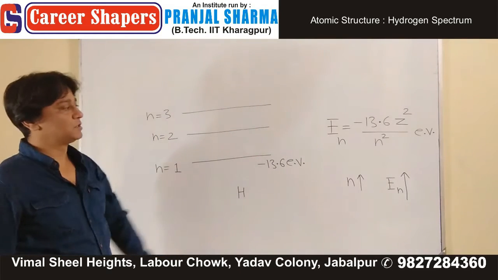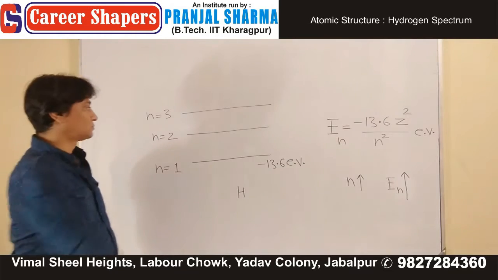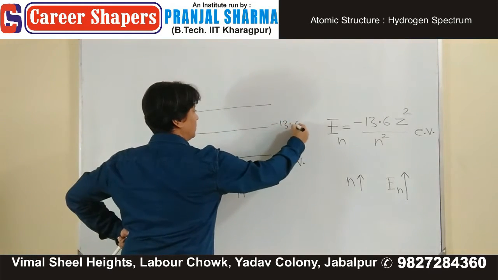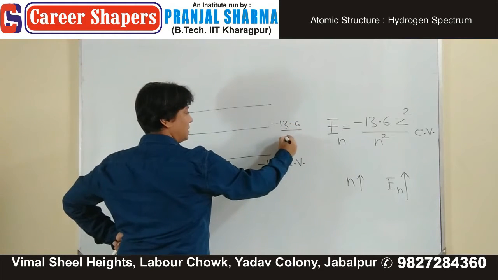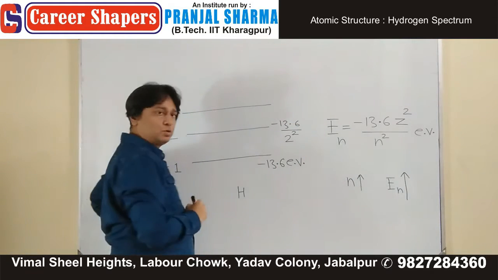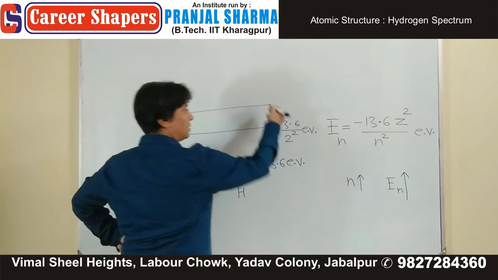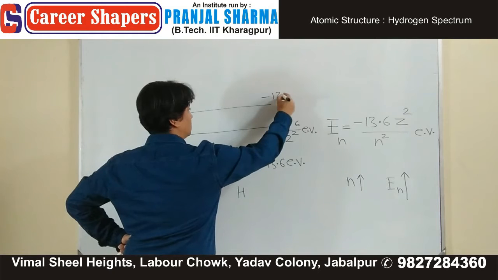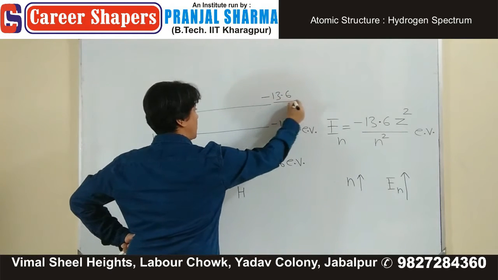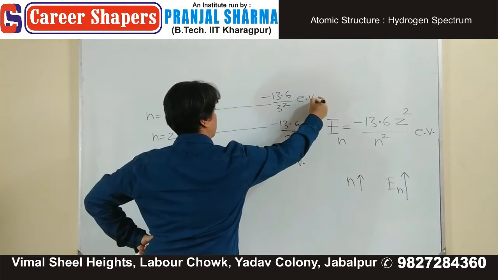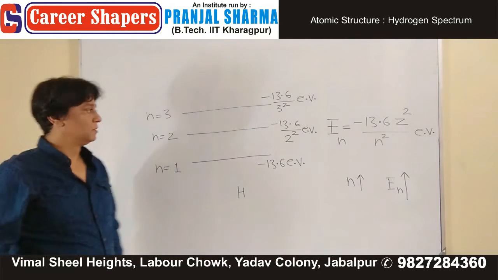N is 1 and Z is also 1. For this, 13.6 divided by 2 square. For this, 13.6 divided by 3 square electron volt.